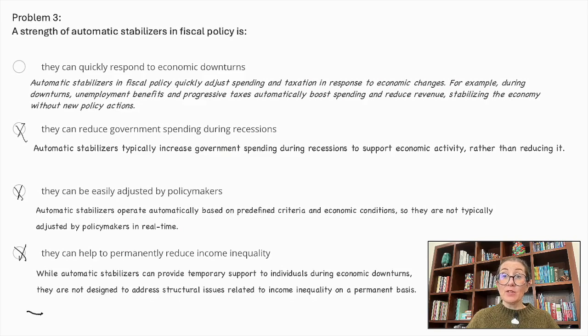For example, during an economic downturn, automatic stabilizers, such as unemployment benefits and progressive taxation, automatically increase government spending and decrease tax revenue, respectively. This helps to stimulate aggregate demand and stabilize the economy without the need for discretionary policy actions by policymakers. And that is the correct answer.